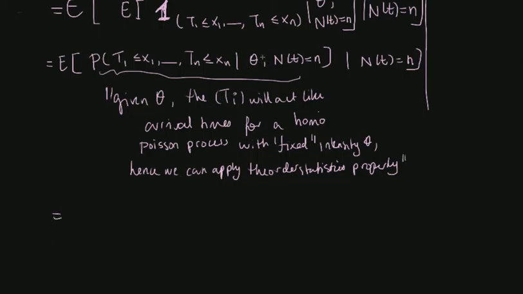So given theta, the distribution of the Ti's, given that N(t) is equal to n, is according to the order statistics property for just traditional homogeneous Poisson processes.